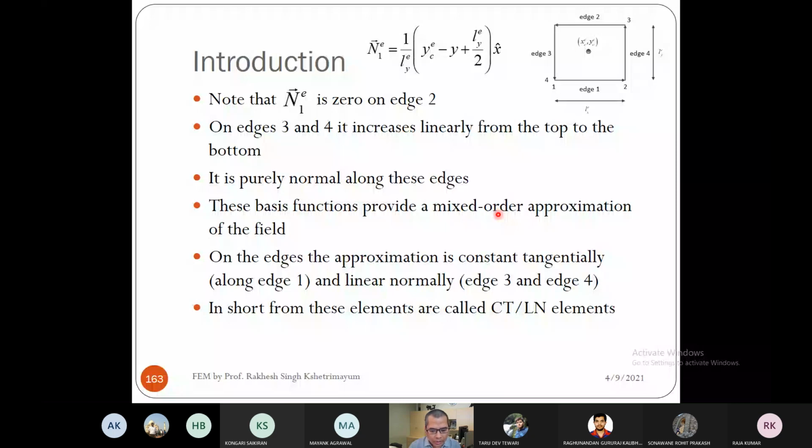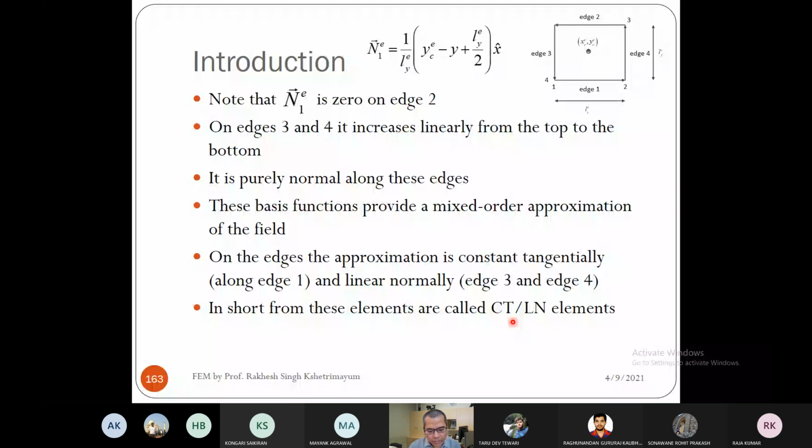Constant tangential means it has a constant value and the direction is along the x-axis. And linear normally means along S3 and 4, it is linearly increasing from top to bottom and it is actually normal to S3 and 4. So this is the short form: constant tangential and linear normal. This kind of basis function is called constant tangential and linear normal.